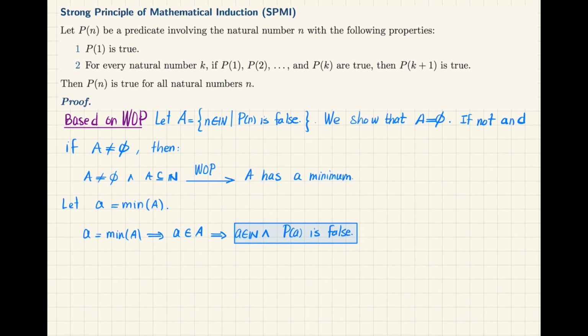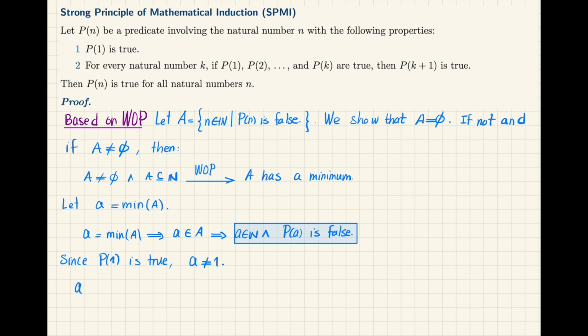Okay, now you see here P of 1 is true. So a is clearly not equal to 1, because if a is equal to 1, then this will read P of 1 is false, which is not correct because we know that P of 1 is true. So since P of 1 is true, a is not equal to 1.